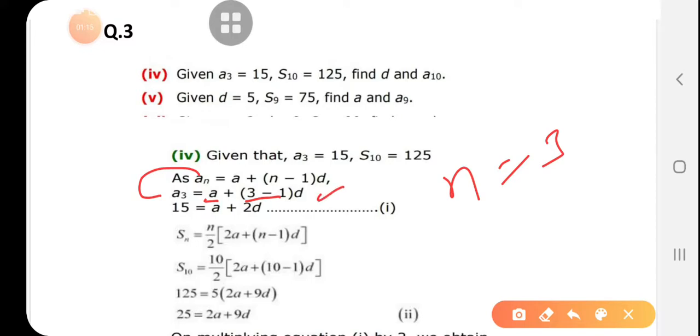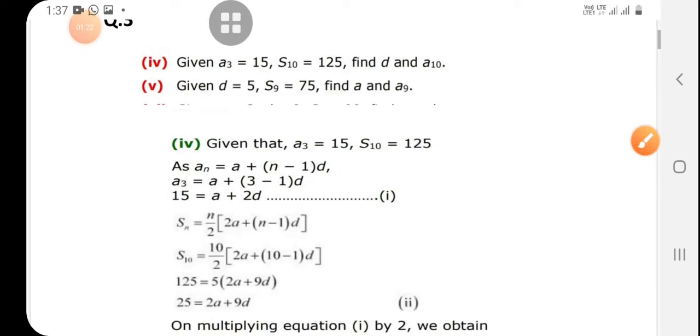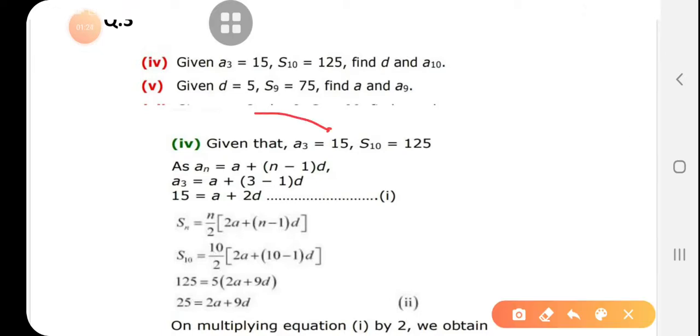The value of a3 is 15, so we put that here, and the first term a we don't know, 3 minus 1 is 2, and this is the d. So we got an equation, that is 15 is equal to a plus 2d. We put it as equation number 1.